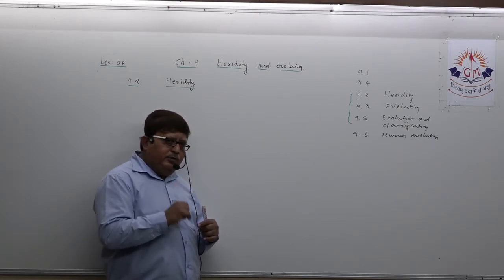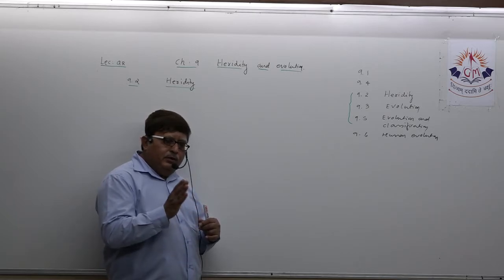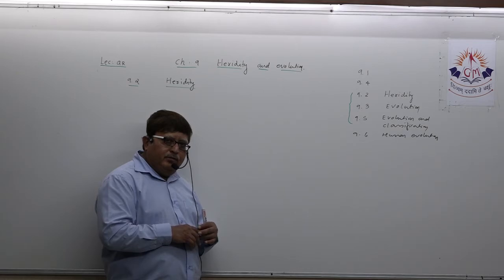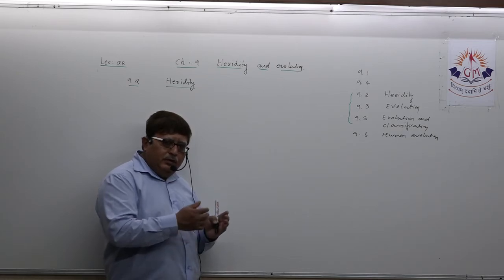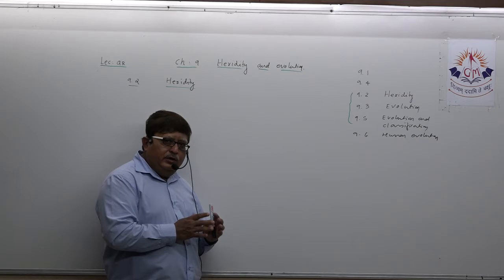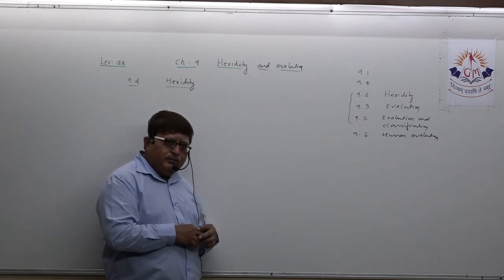Now, when you are speaking that heredity means transfer of characters from one generation to another, lots of question in the mind of the scientist that how these character are inherited in the next generation. Will there be any rule in the nature which is governing this process?